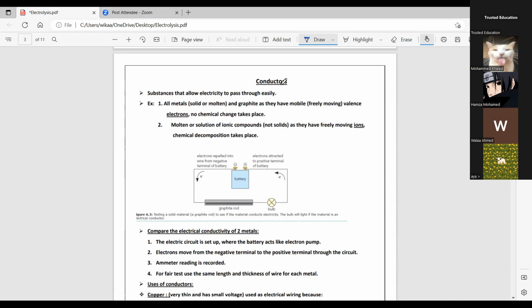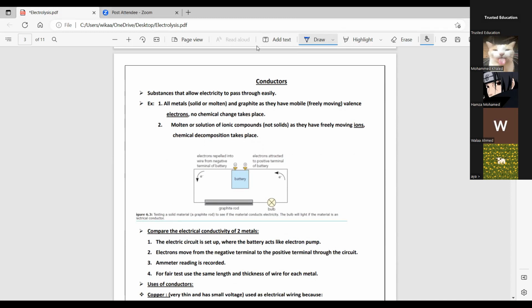طيب عندي introduction الأول conductors and insulators. What's the meaning of conductors? Conductors, do you know? It's okay if you open the mic and answer. It's okay with me. إحنا بس we're three students here.